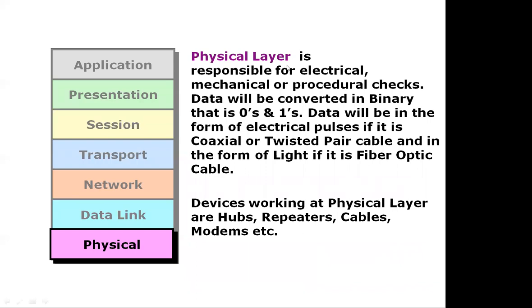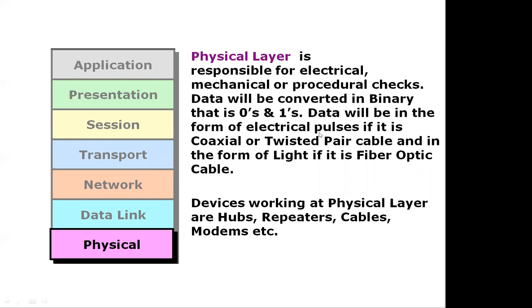The physical layer is the work of cables, hub, repeater, and modem. If you are working on switches, then you are an L2 engineer. If you are working on routers, then you are a layer 3 engineer. And after that, you can work on layer 7 also if you are working on the application layer.